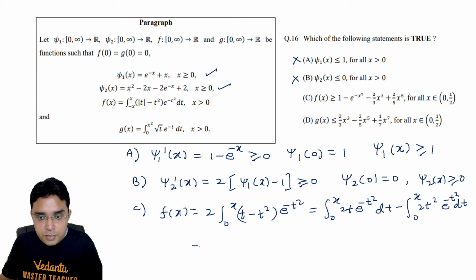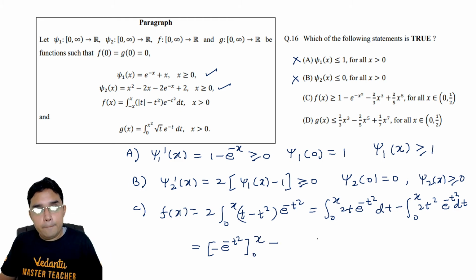Now this first part is directly integrable. We can write this as minus e power minus t square, limit 0 to x. And here this is not integrable, but we can try to integrate it by using the limits, by doing the expansion of e power minus t square.